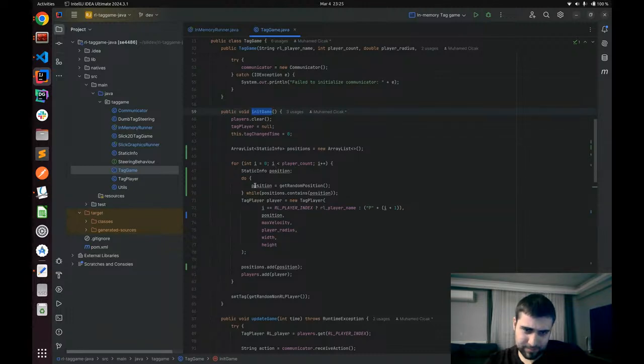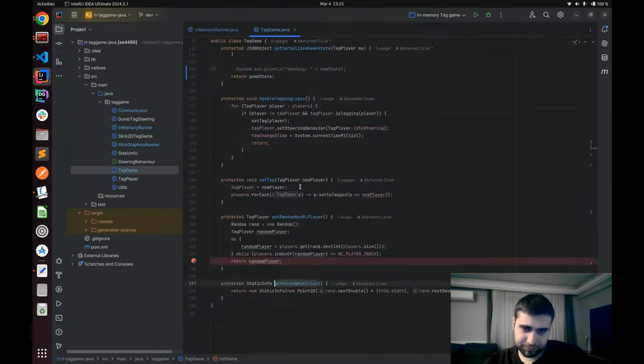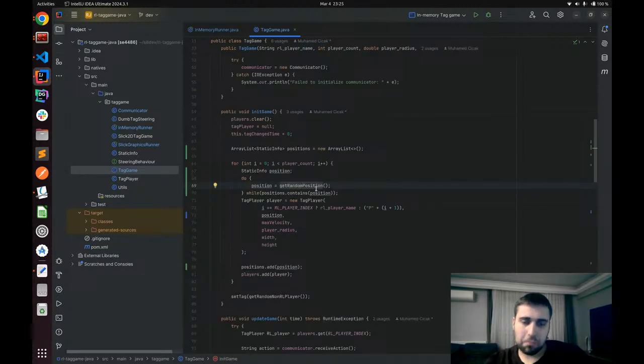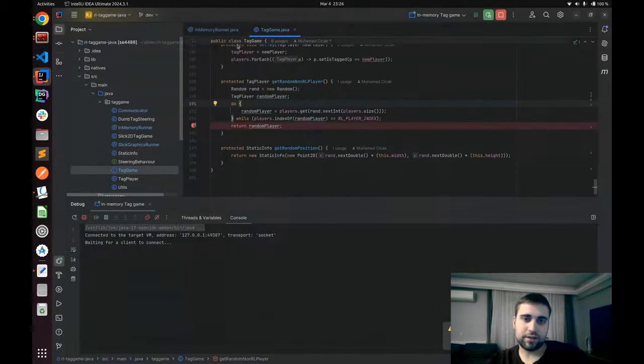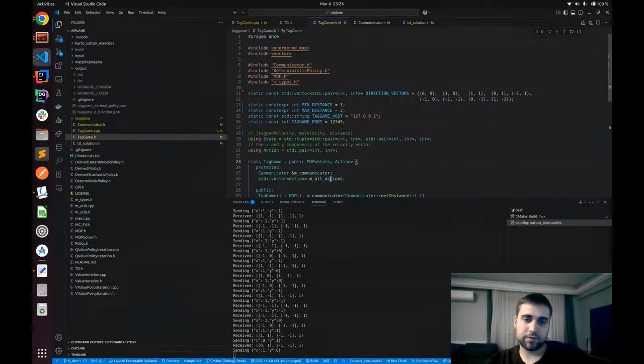Initialize game position. Okay. Still inexplicable. This never breaks. I don't have an idea, to be honest, at this point.